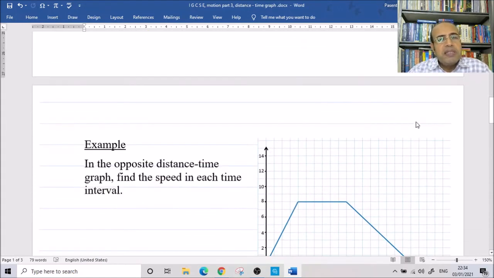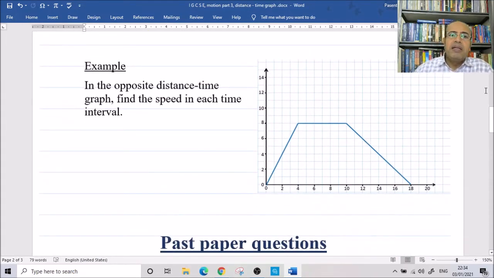Let us see this example. This is a distance in meter time graph, time in seconds. The question says: in the opposite distance time graph, find the speed in each time interval.